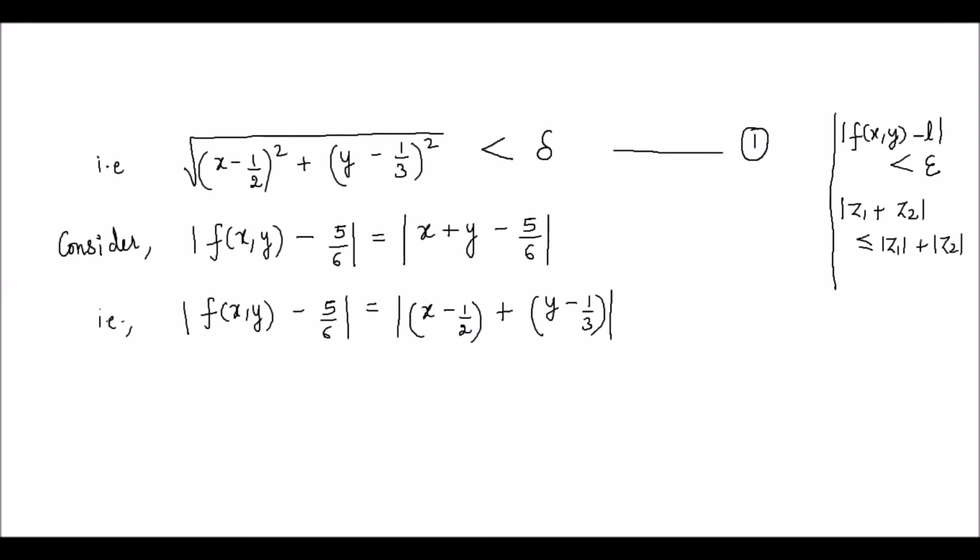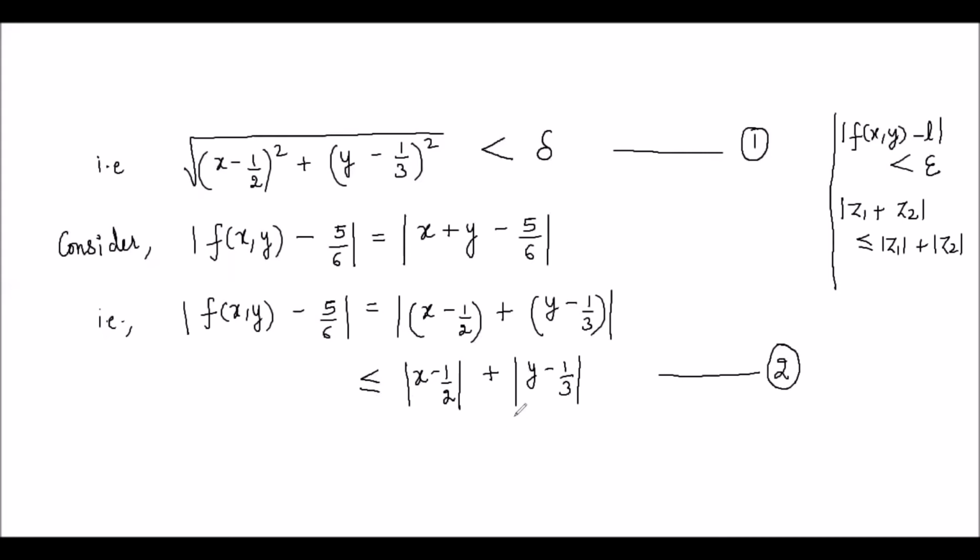So we will use the same result here. It will be less than or equal to mod of x minus 1/2 plus mod of y minus 1/3. This equality has been converted into an inequality. Let us name this equation number 2.